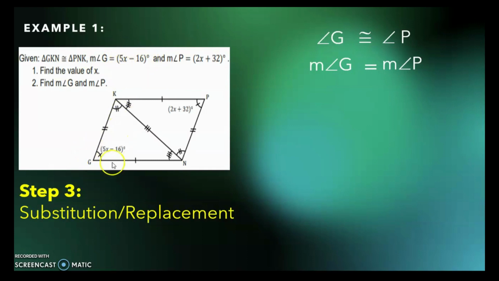You can also look at the figure. Equals the measure of angle P, which is the quantity of 2x plus 32 degrees. So, we replace it with the quantity of 2x plus 32 degrees, or you can just look at the figure.